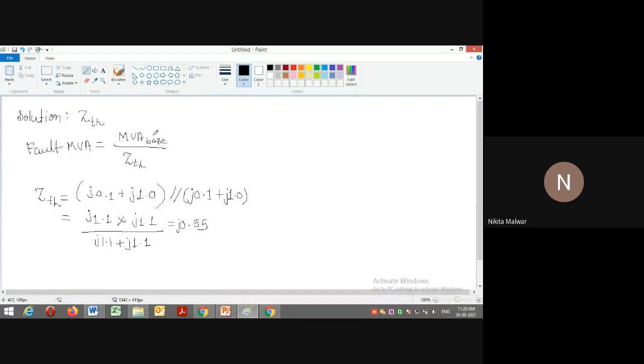So what is the MVA base? We have to find the fault MVA. This fault MVA will equal the MVA base. In the previous question, the base MVA value was given as 100 MVA.